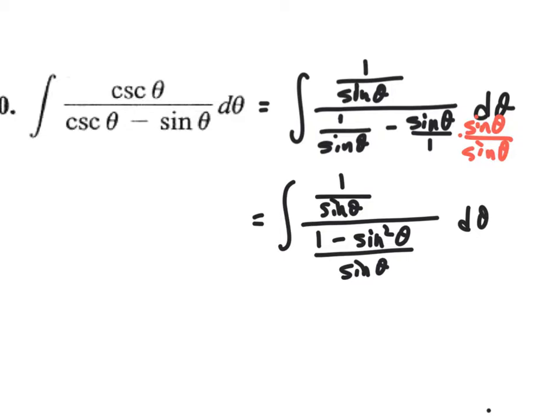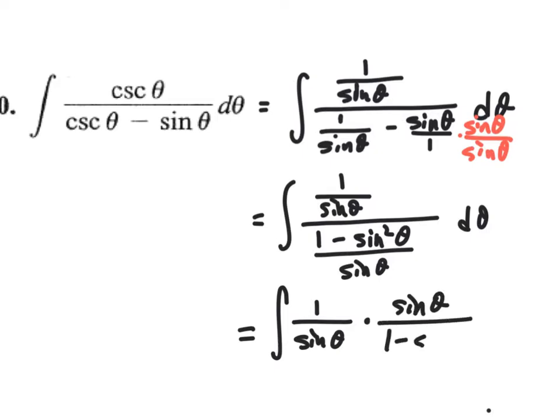I'm going to do the integral of 1 over sine of theta times the reciprocal of my denominator. I'm going to multiply by the reciprocal here, and so I get sine of theta divided by 1 minus sine squared theta d theta, and my sine thetas divide out.